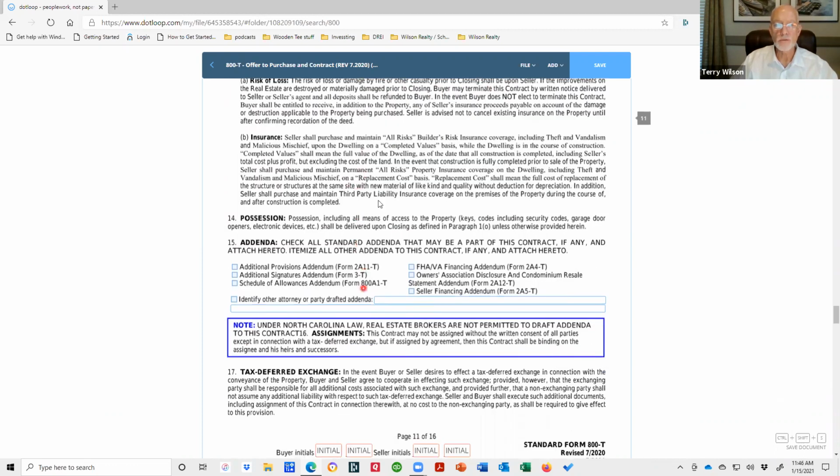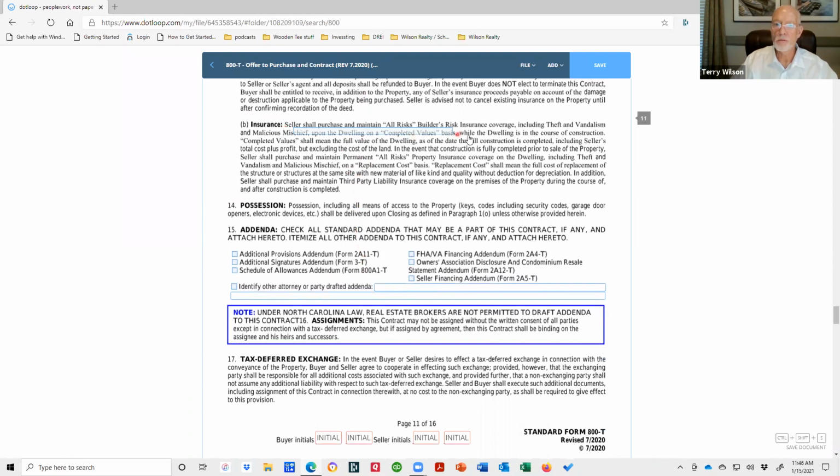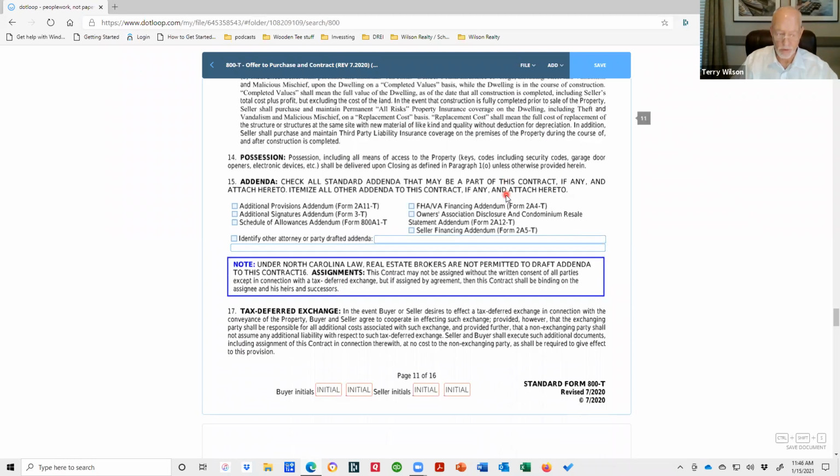During construction, the seller shall purchase all risks builder's risk insurance coverage, including theft and vandalism, malicious mischief, etc. So the seller has to get these insurance policies, so you want to make sure they get those. They will also provide a third-party liability insurance policy for third parties that come on the property: subs, inspectors, people like that.